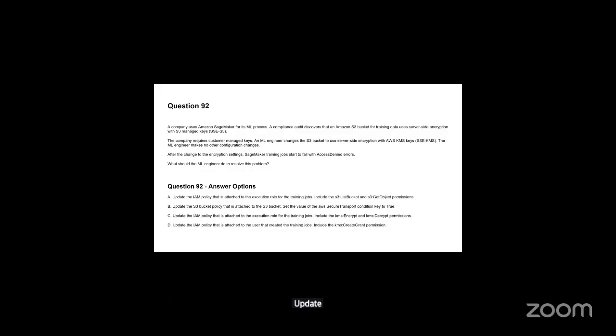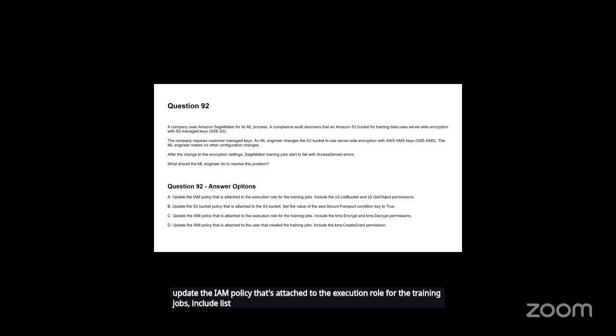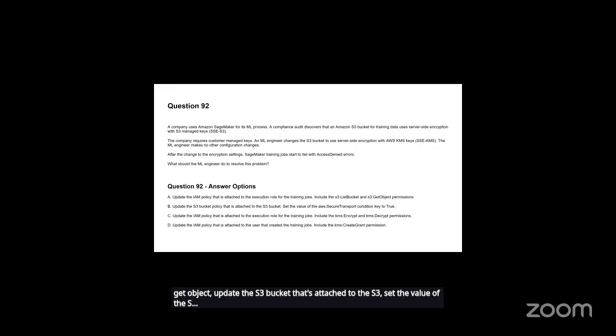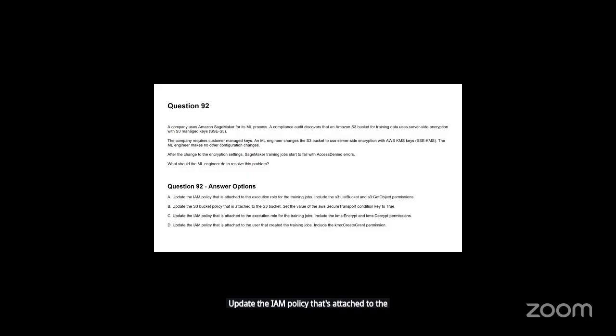Update the IAM policy that's attached to the execution role for the training jobs. Include list bucket and get object. Update the S3 bucket policy that's attached to the S3 bucket. Set the value of the aws:SecureTransport condition key to true. Update the IAM policy that's attached to the execution role for the training jobs.